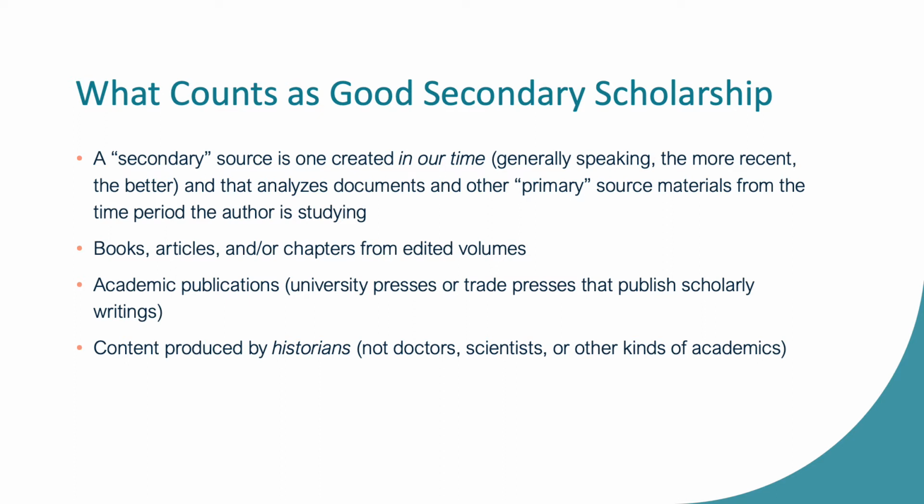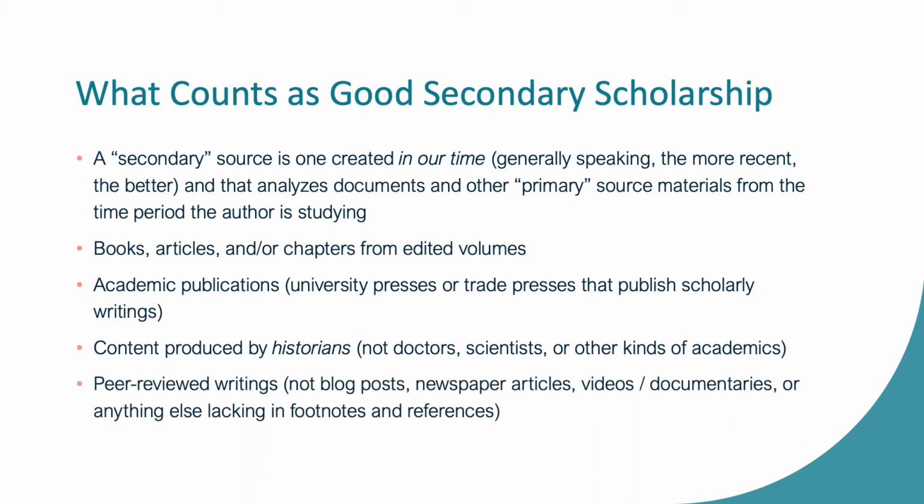You can look up their bibliographies, you can look through their CVs online. You want to make sure that these are people with actual expertise in history, some specific field of history. You don't want scholarship that is produced by doctors, medical scientists, natural scientists, or other kinds of academics, right? This is a history class. We want to find stuff produced by historians.